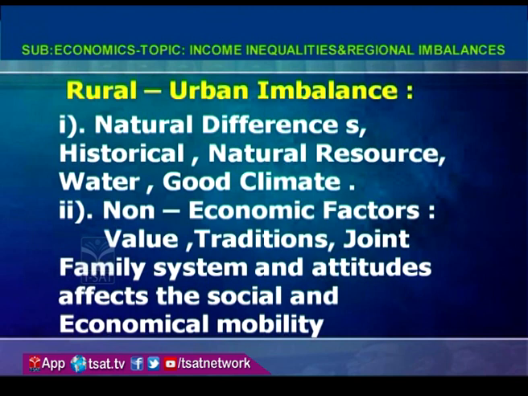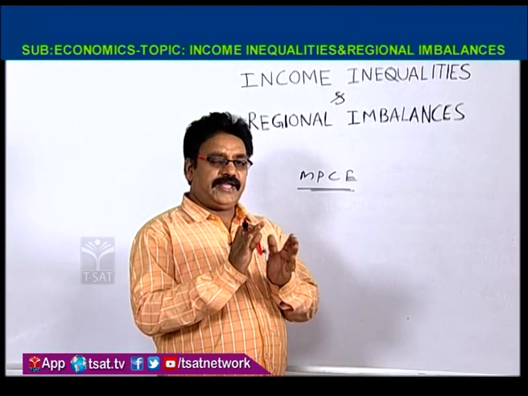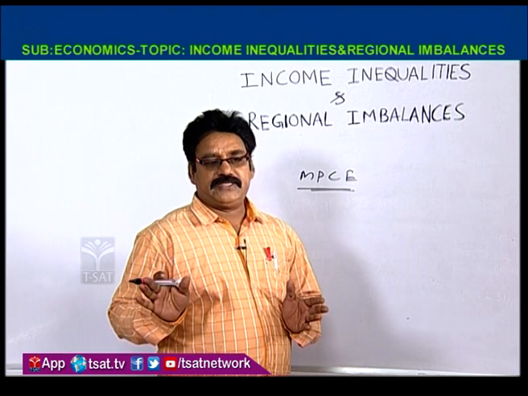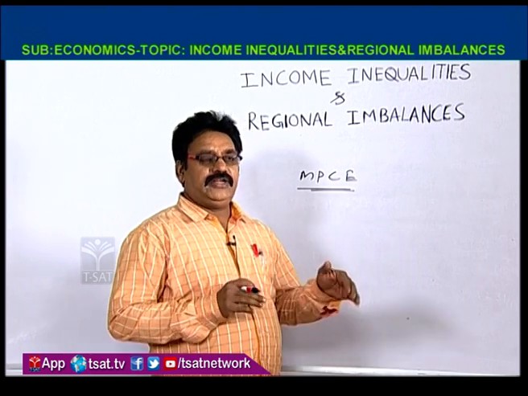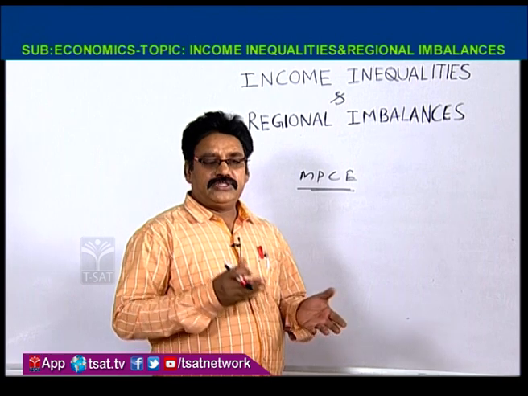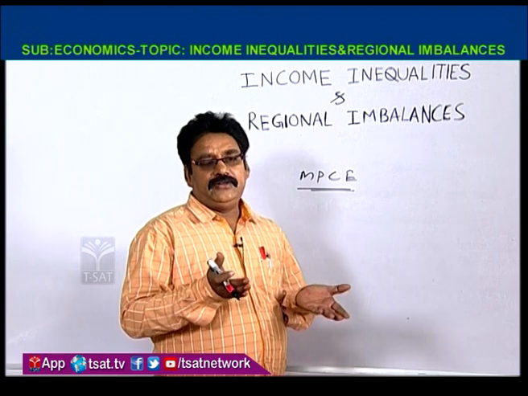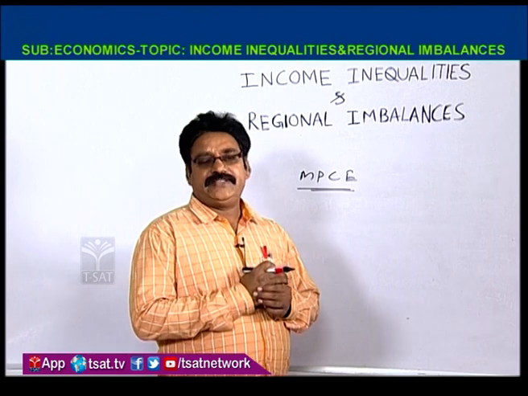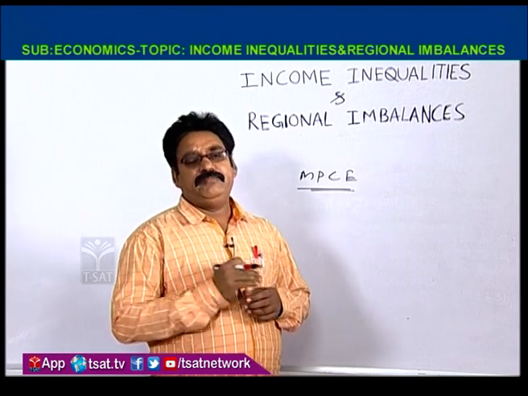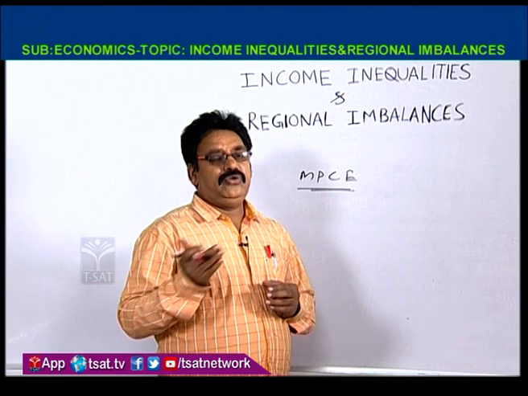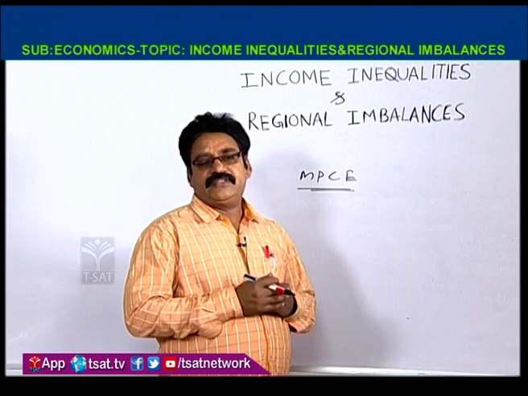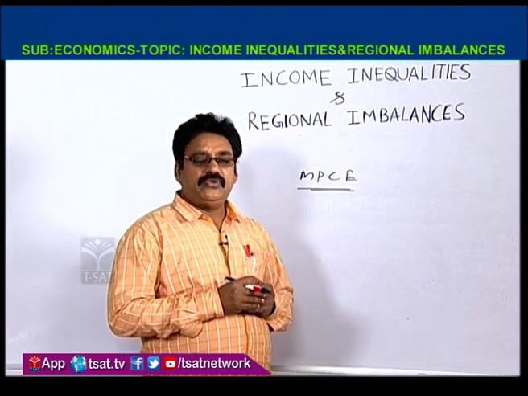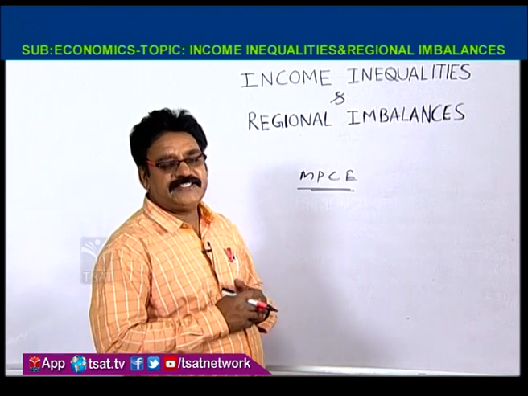Rural urban imbalances. If we observe the main reasons for the rural urban imbalances, rural areas are not developing that much, and urban areas are developing speedily. So that rural urban divide is there. Clearly we can observe that because of the facilities increased in urban areas, people are migrating, and rural areas do not have sufficient facilities and do not have any employment opportunities.